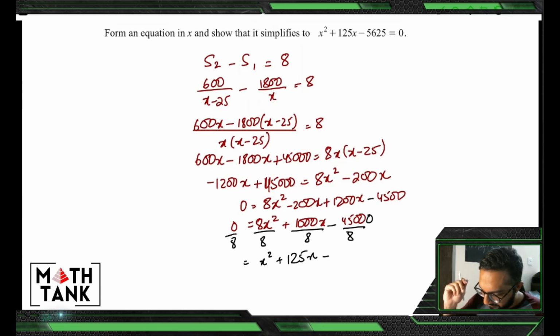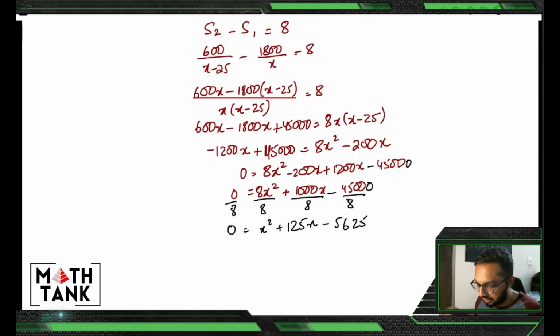Okay, have I gotten this number correct? $45,000 divided by 8, yeah. Okay, so that's my working for that.